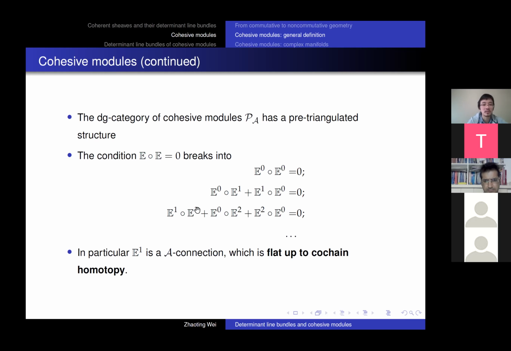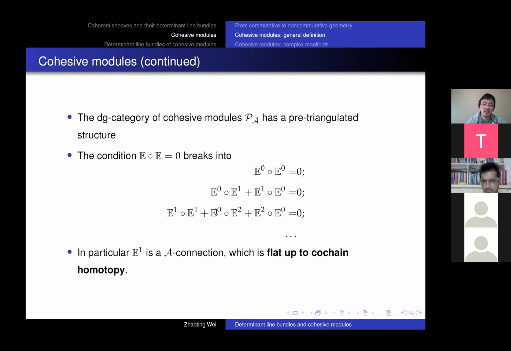E1 composed with E1 is composed with this ordinary connection. If it was flat, then E1 composed with E1 would be 0. However, E1 composed with E1 is not 0, but equals E0 composed with E2 plus E2 composed with E0. Sorry, maybe minus, because we put a negative sign on it.